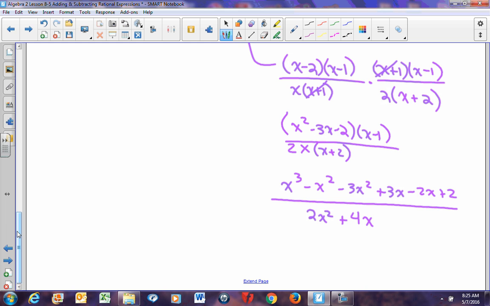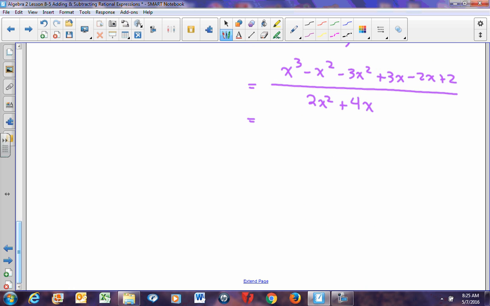Either way works. Now, last but not least, let's simplify the top. So this becomes x to the third minus 3x squared plus x plus 2 all over 2x squared plus 4x.